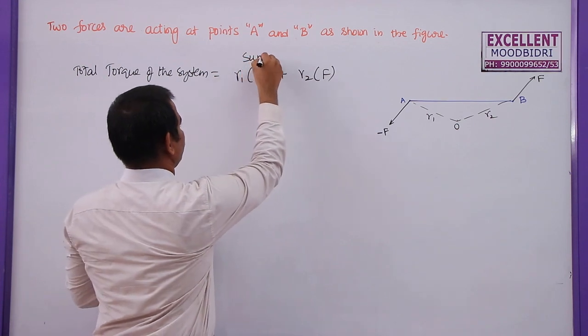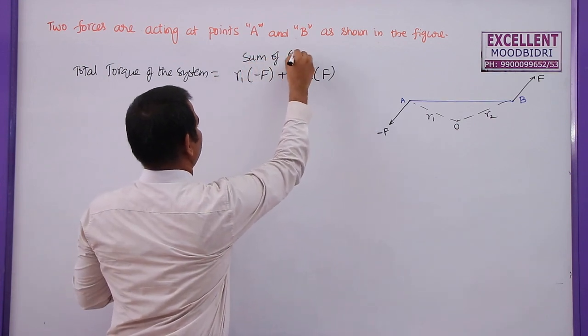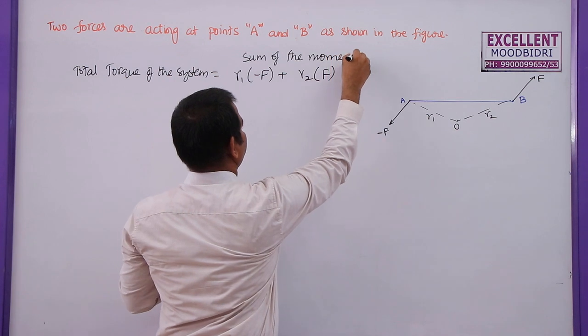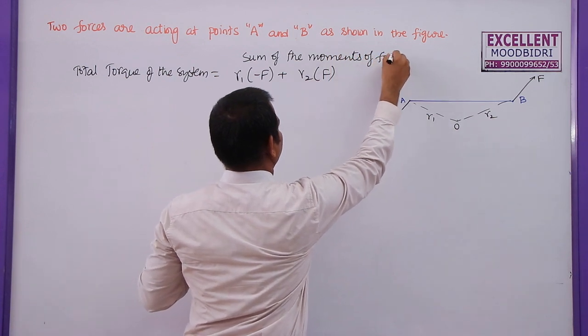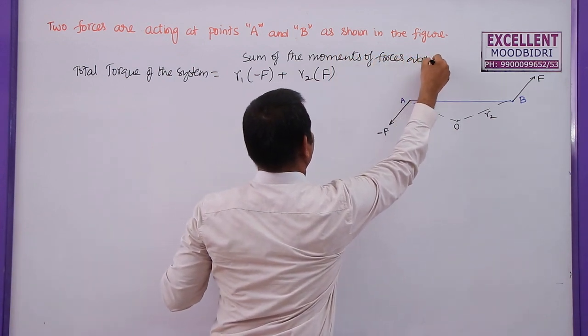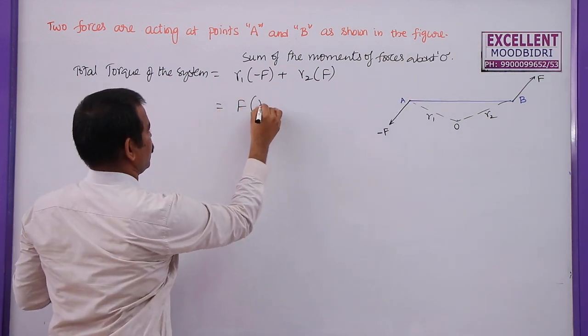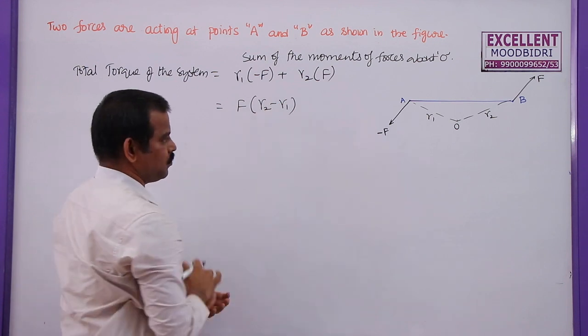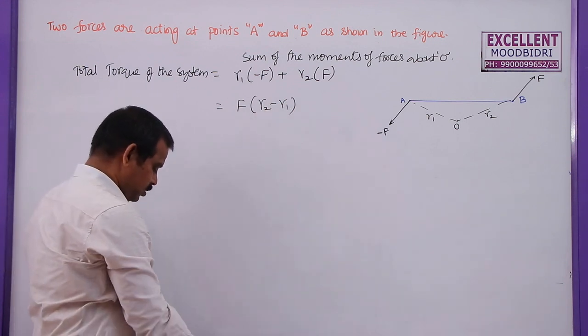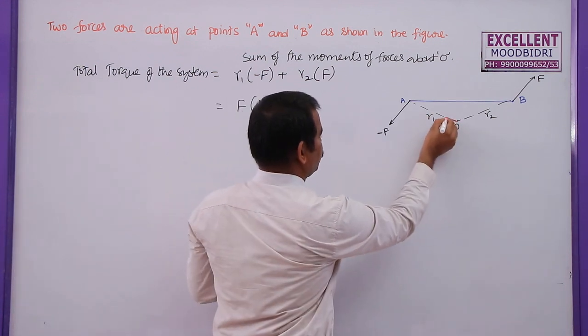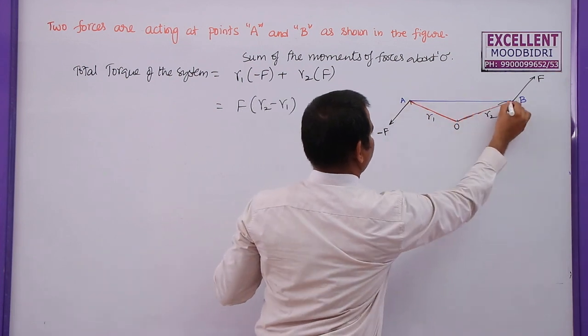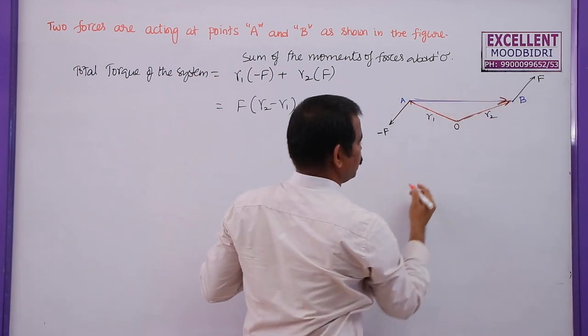So, this is the sum of the moments of the forces about O. Now, if you take F common, this will become F into R2 minus R1. But we know that in this triangle, this is the position vector of this point and this is the position vector here, and AB is also another position vector.